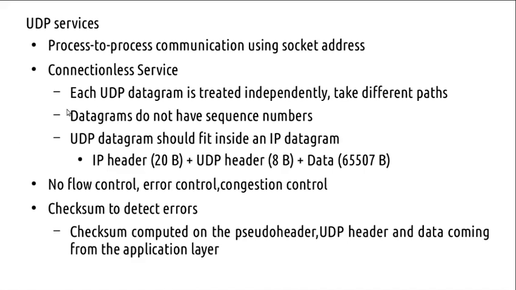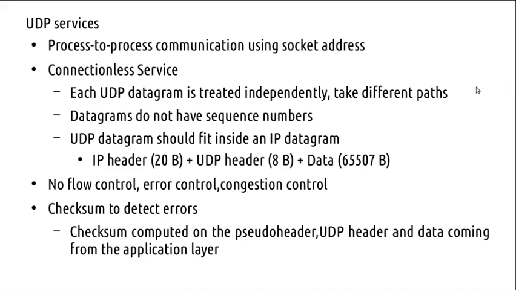It's a connectionless service, which means the UDP datagrams can take different paths. There are no sequence numbers, nothing. That's why it's called a lightweight protocol. They just go with the port address.